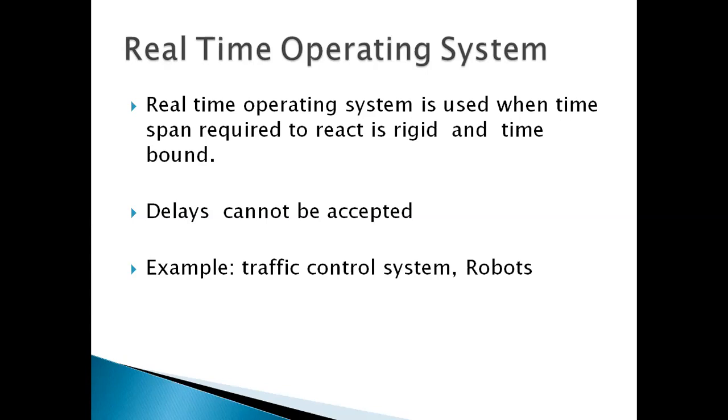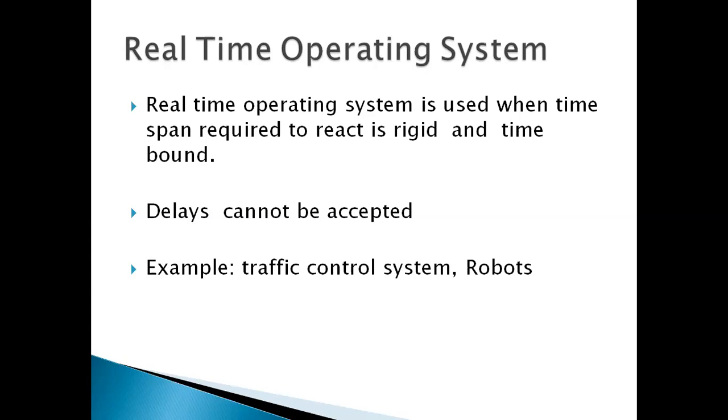We have to complete the task in a given time when the time bound is rigid. Okay, it means time is limited. It is very important to maintain time here. No kind of delay is allowed. Delays cannot be accepted.